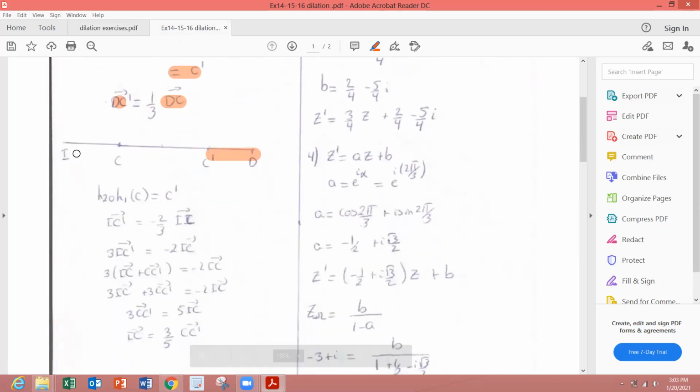Now to construct the center I, since H2 round H1 of C equals C prime, then IC prime equals -2/3 IC, since I is the center and the ratio is -2/3. Cross multiplication: 3 IC prime equals minus 2 IC.